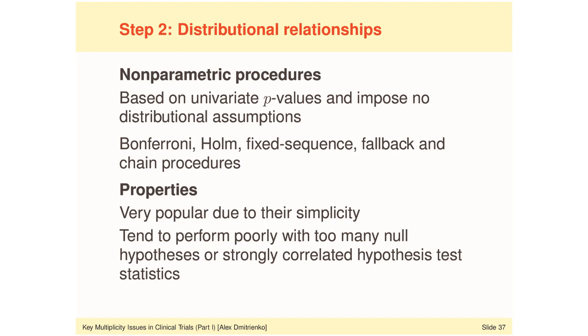They ignore the fact that there is a certain joint distribution behind the individual test statistics, that the hypothesis test statistics, for example, are correlated. Since this class of procedures tends to ignore the underlying correlation structure, they are less powerful than multiple testing procedures that make certain distributional assumptions. For example, semiparametric or parametric procedures that I'm going to introduce on the next two slides.